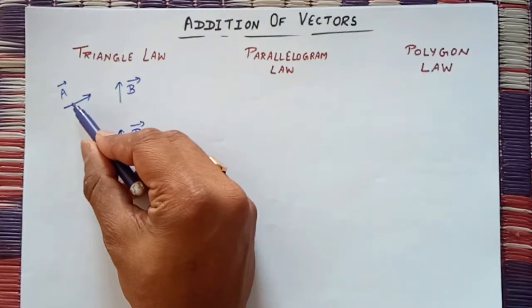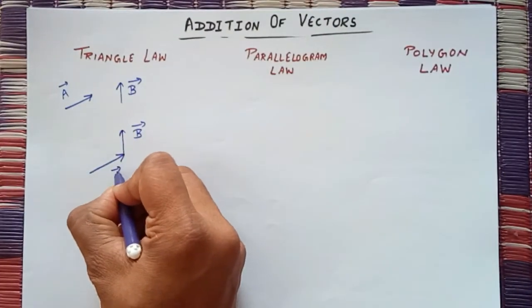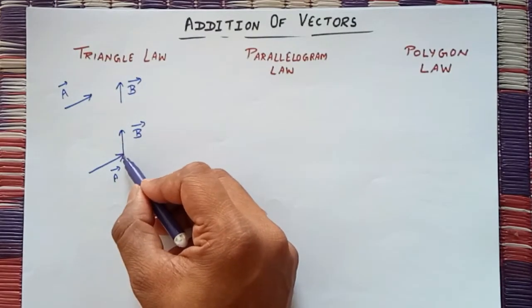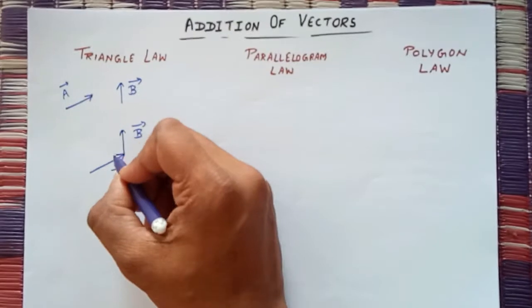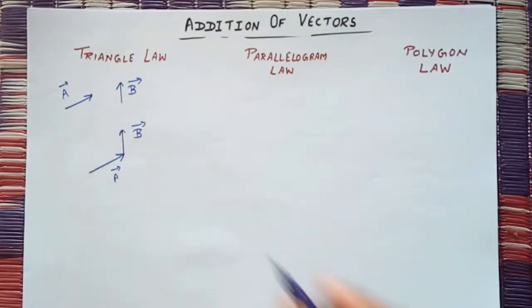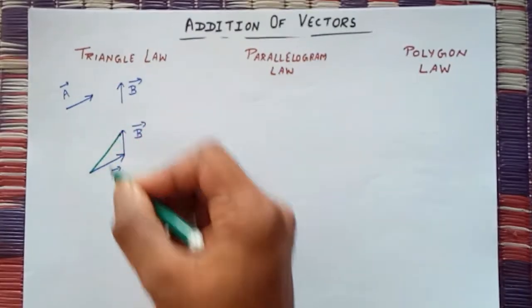I have shifted A vector from here to here, so the situation will be like this. Now A vector's head is connected with B vector's tail, so their addition will be the third side of the triangle. The third side of the triangle, this will be their addition.